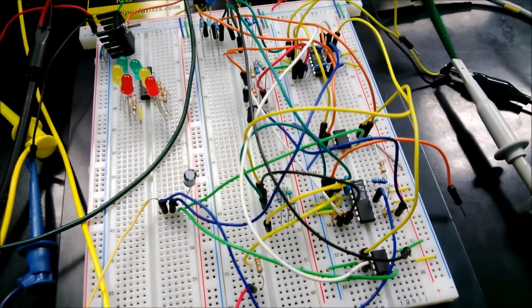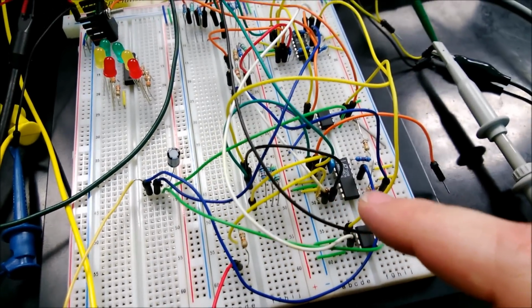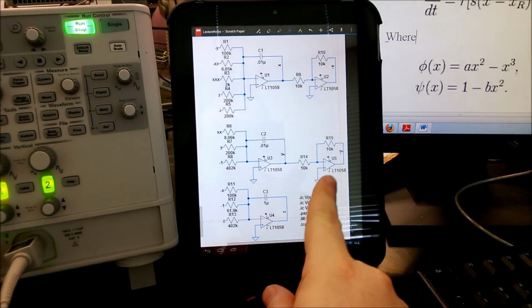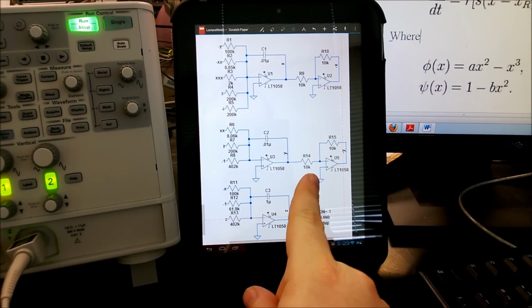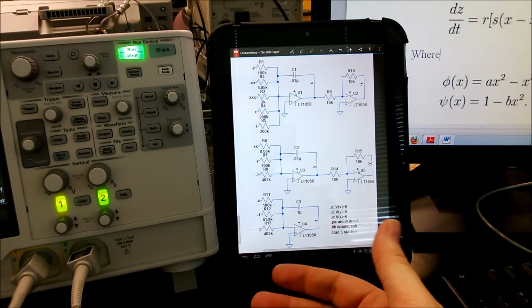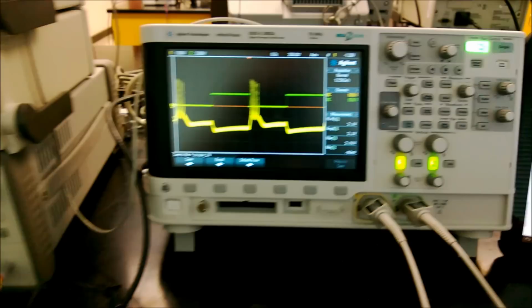Nowhere in our circuit over here do we use a positive 1. We have it inverted to make a negative 1. We don't have it over here on our LTspice simulation because we're able to make a negative 1 volt power supply.